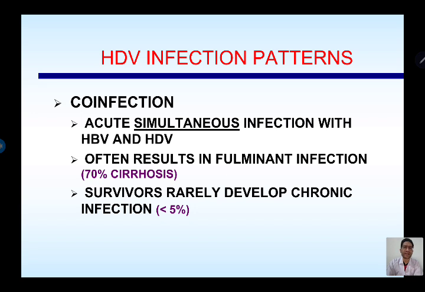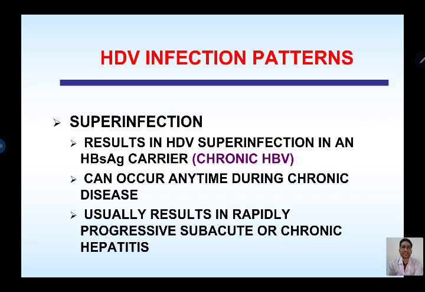Survivors rarely develop chronic infection. Superinfection: hepatitis D virus superinfection in a hepatitis B surface antigen carrier can occur anytime during chronic disease, usually resulting in rapidly progressive subacute or chronic hepatitis.